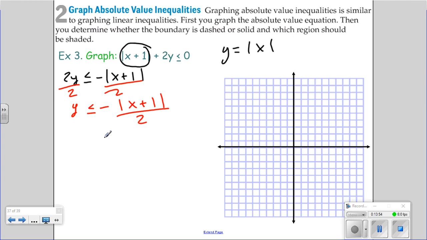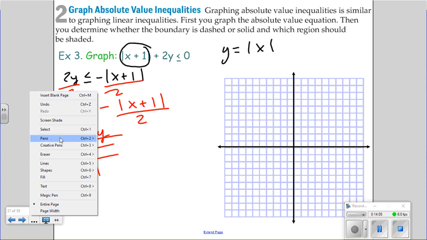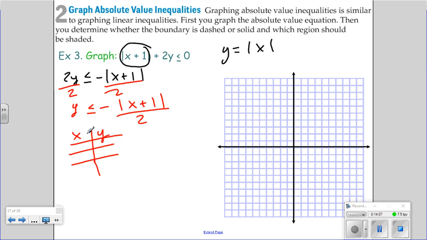Now, in order to graph the line, I highly recommend creating a table. You need at least 3 points. The 3 x values I highly recommend using are -1, 0, and 1. And then just plug them in. So for example, it'd be y equals negative absolute value of -1 plus 1, over 2.